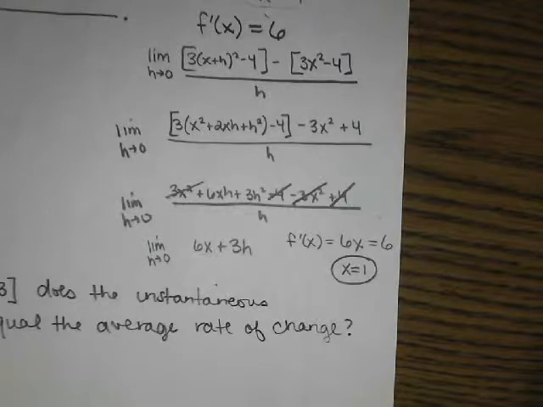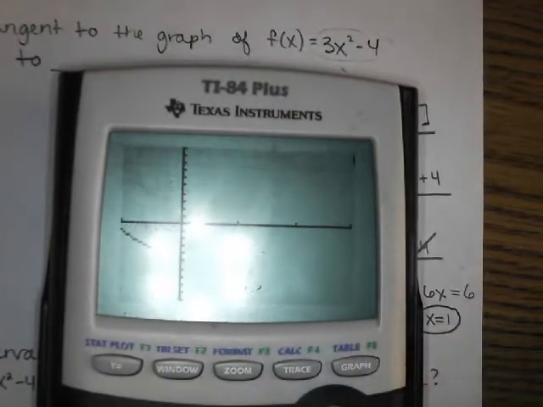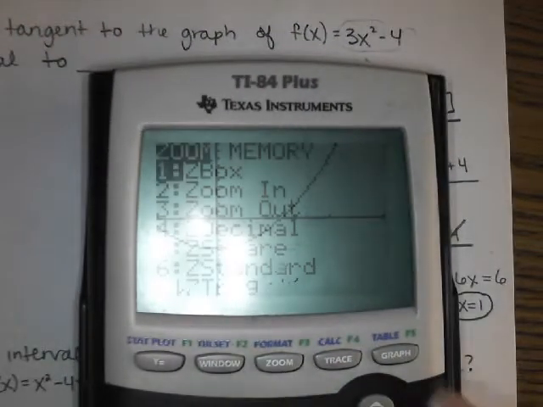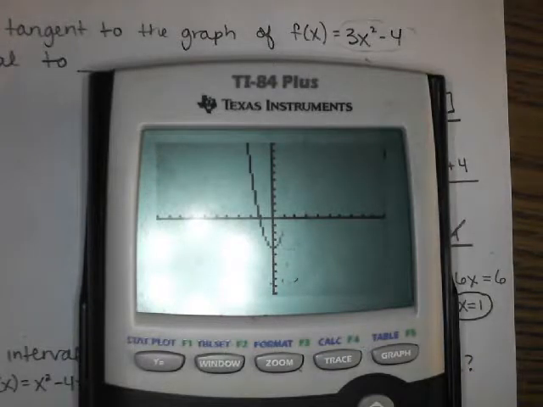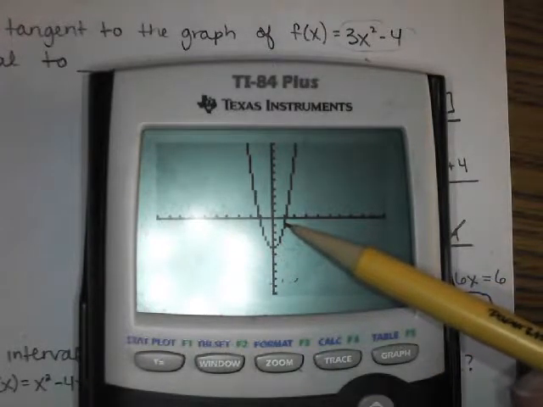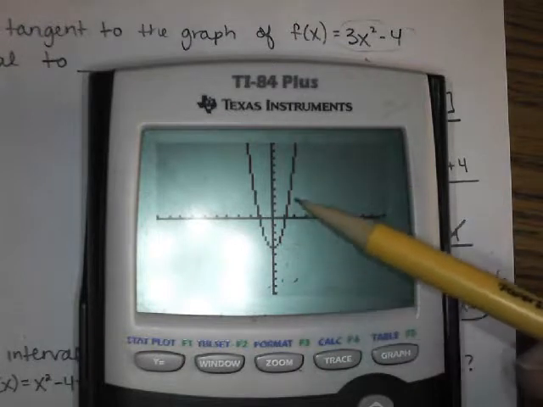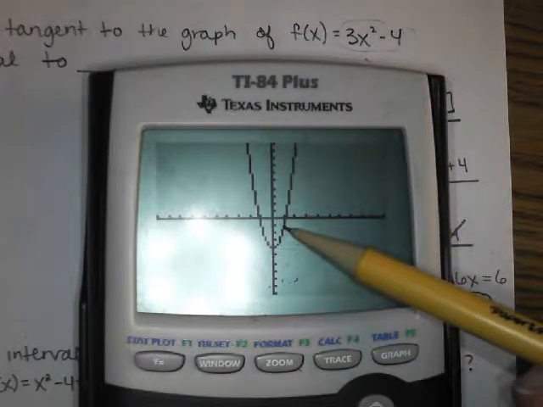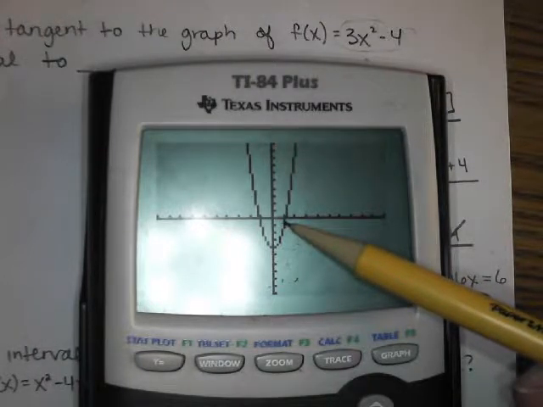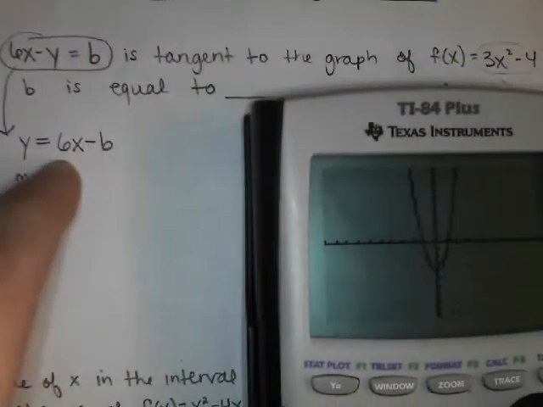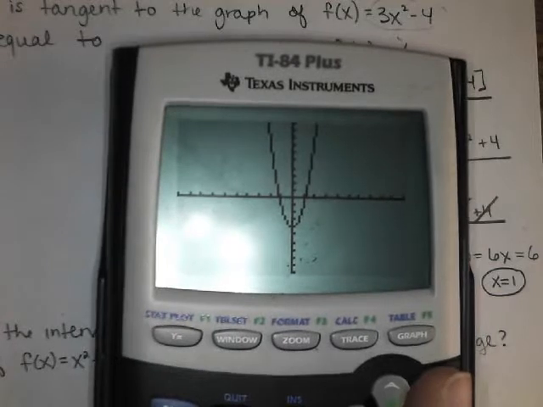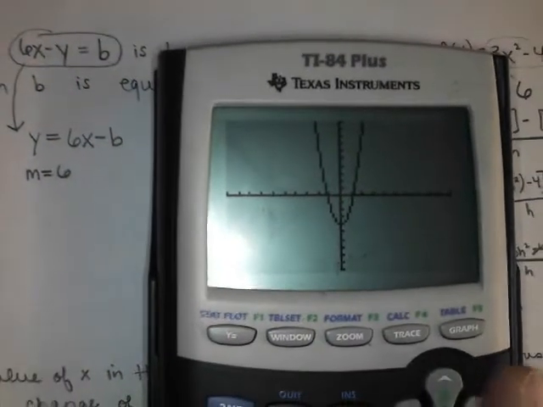If I graph 3x squared minus 4 for you, what we just found, I got to change my window, is that at 1, at this location on the parabola, we have a slope of 6. Okay? So we have a tangent line there at 1 that we're essentially trying to find the equation for. We know that the slope of it is 6, but how are we going to find B?